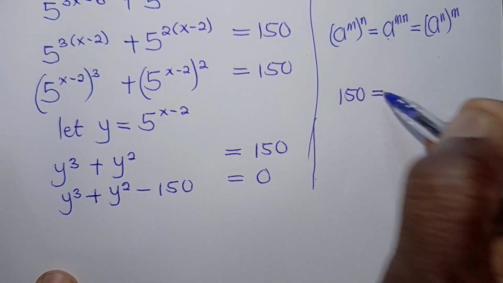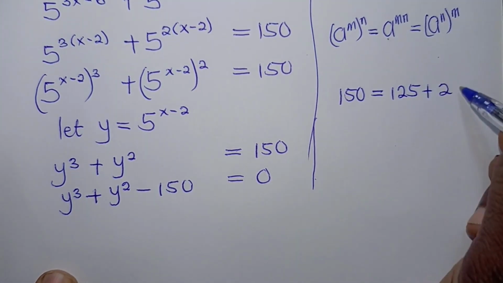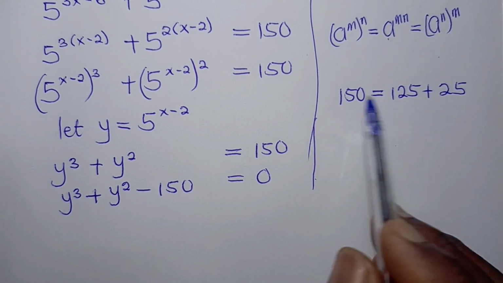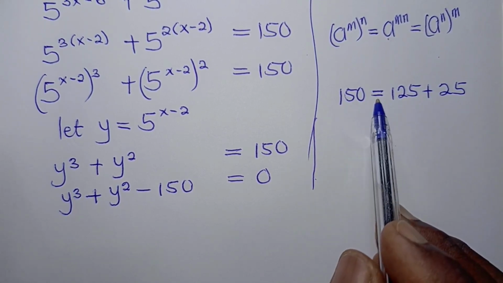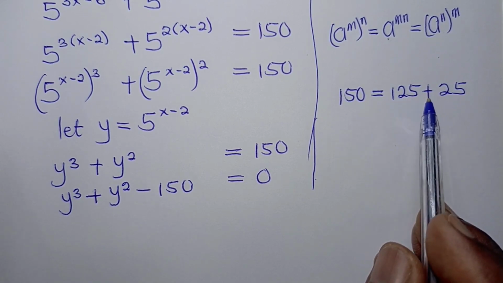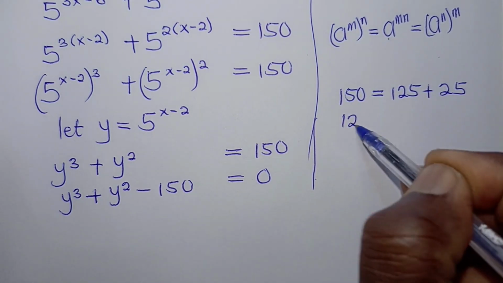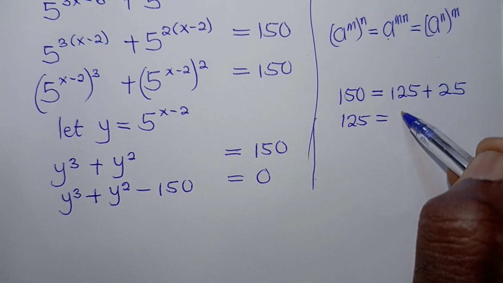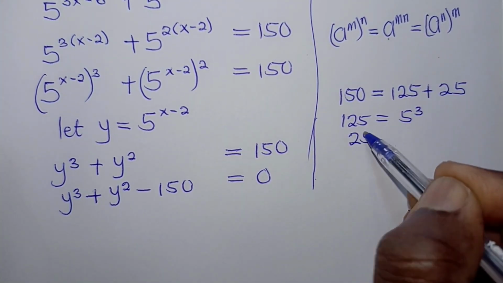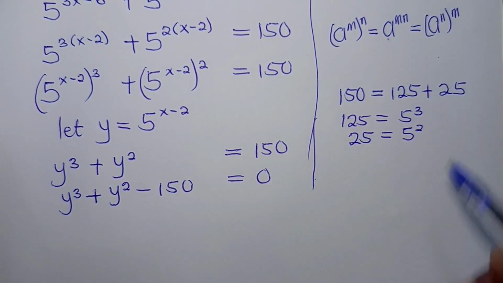150 can be written as 125 plus 25. We are simply doing this because we want to write 150 as a number raised to the power 3 plus another number raised to the power 2. As you can see, 125 equals 5 to the power 3, and 25 equals 5 to the power 2.